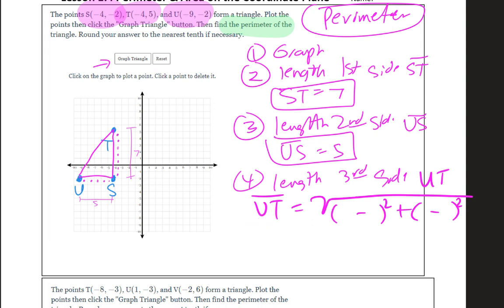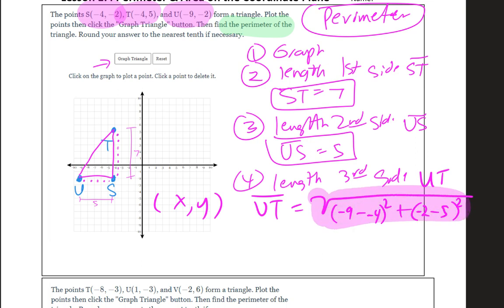So we're going to use U and T. We remember that x comes first, then y comes second. So the x values are negative 9 and negative 4, then the y values, U then T, negative 2 and 5. And we're going to watch out for the double negative there, because we typed it incorrectly.